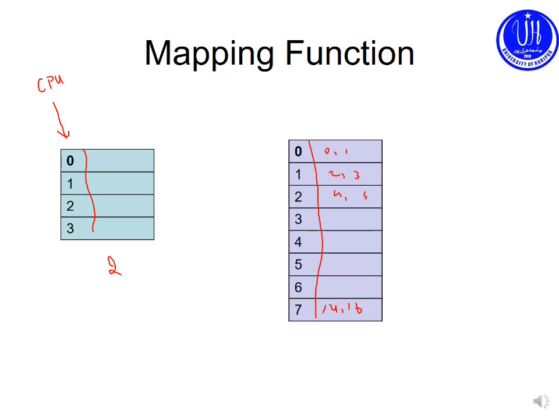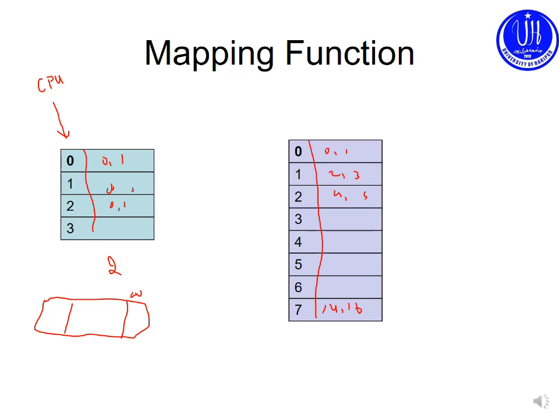For example, this is 0, 1, again 0, 1, words 0 and 1. So in direct mapping, the first bits are just for identification of these two words. To identify an individual word in the cache line, the first W bits, the least significant bits, are used.